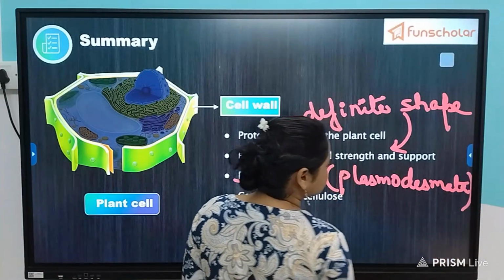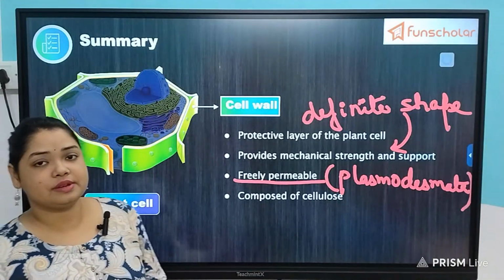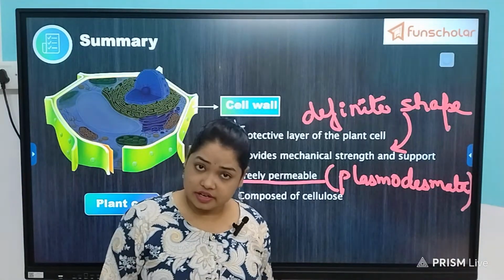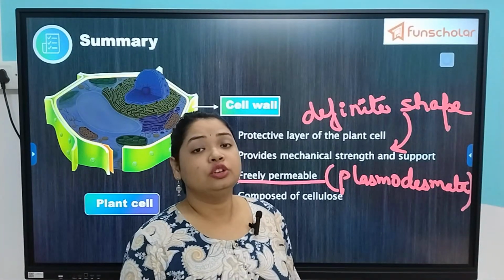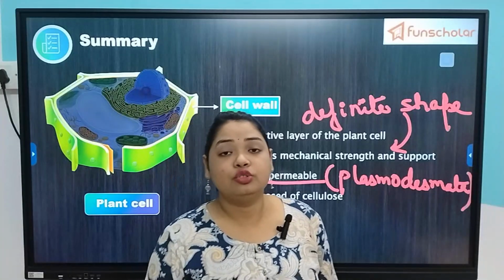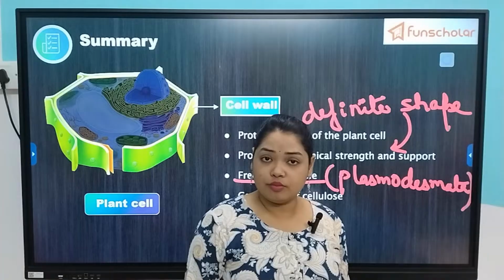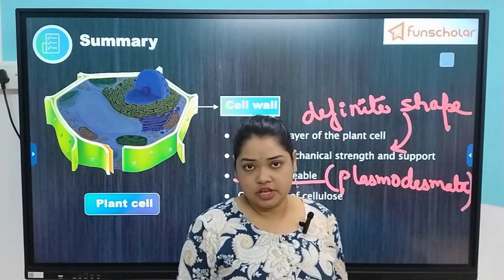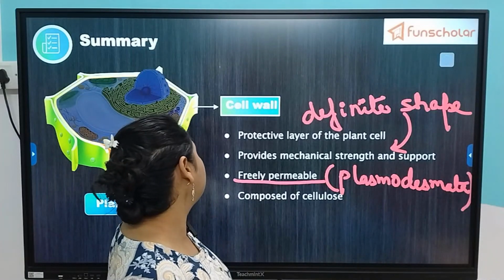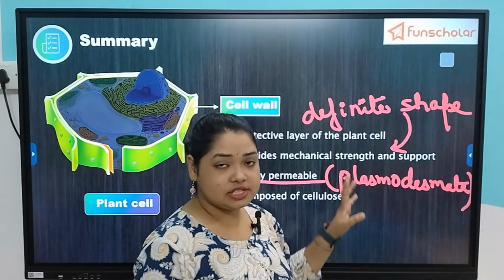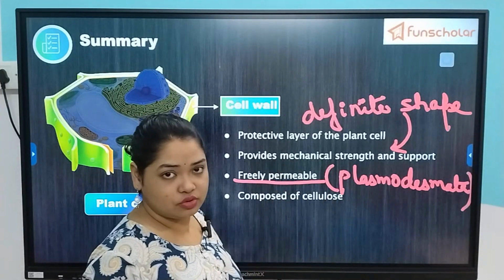These passages help in the continuous flow of substances such as water with dissolved minerals, which is absorbed by the root cells from the soil, to move in a continuous column-like manner from the roots upward. They flow from one cell to another by passing through the plasmodesmata within the cell walls.